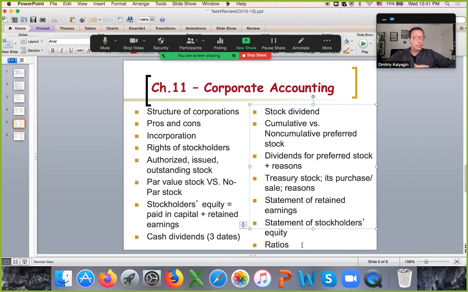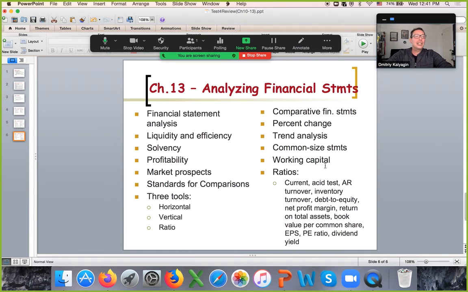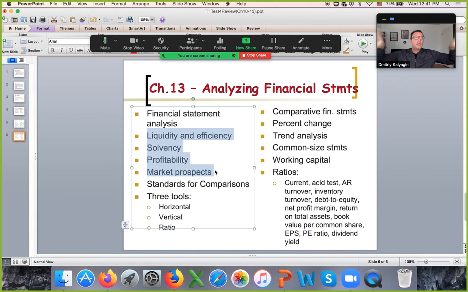The last chapter, chapter 13, financial statement analysis. These are all different terms here. We talked about liquidity, efficiency, solvency and profitability, and market prospects. These are 4 interrelated but independent components of the financial statement analysis.